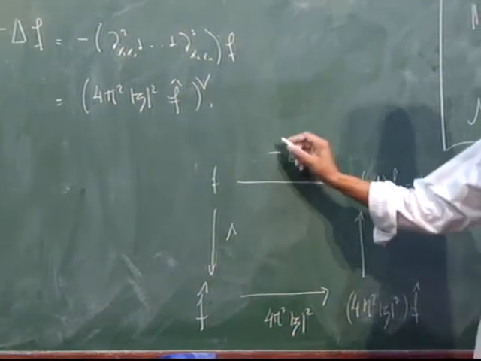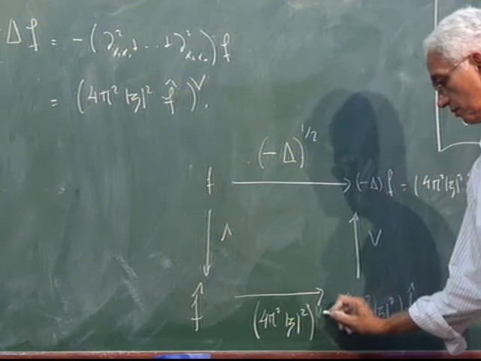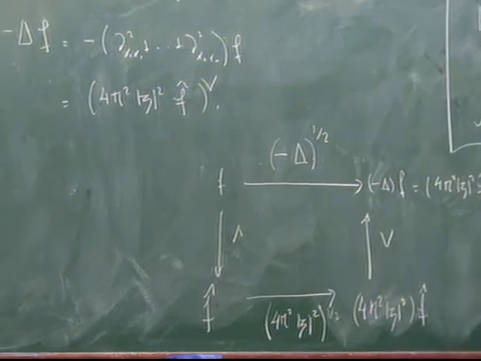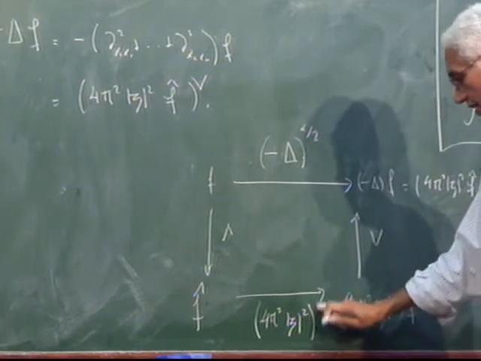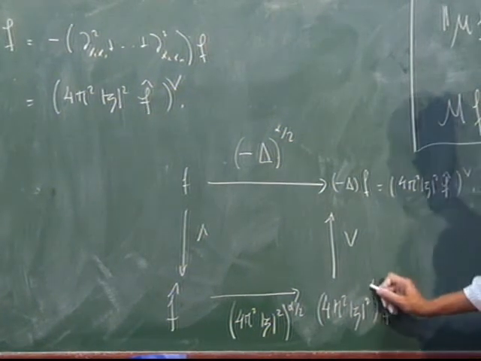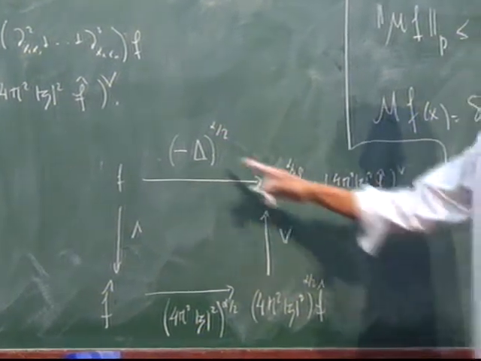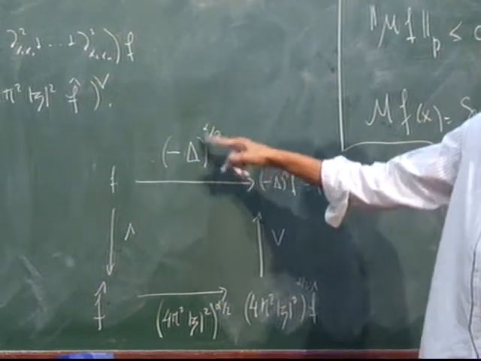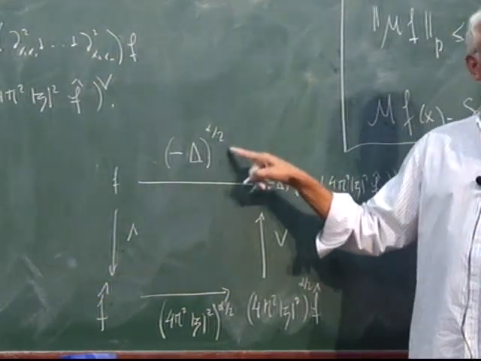For example, you can define the square root here, or you can define this to the power alpha over 2. This is taking derivatives of order 2; this is derivatives of order alpha.